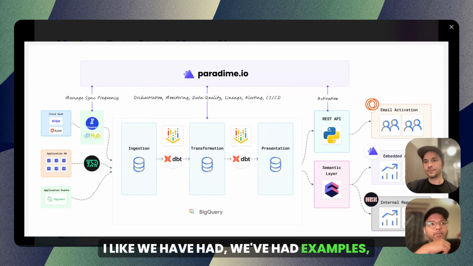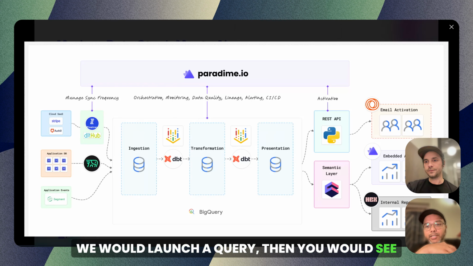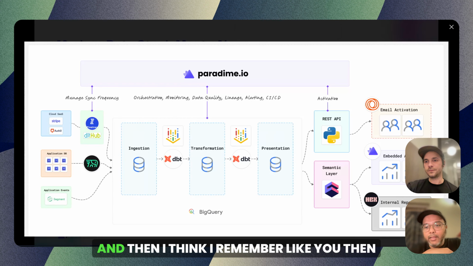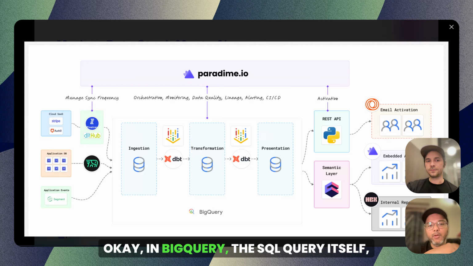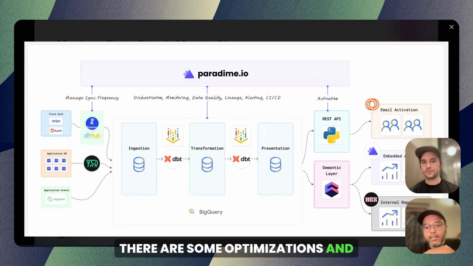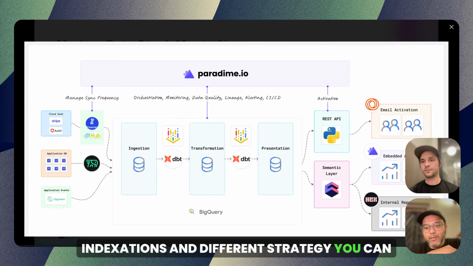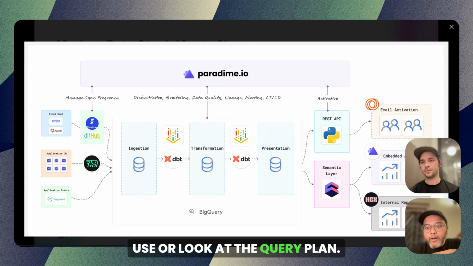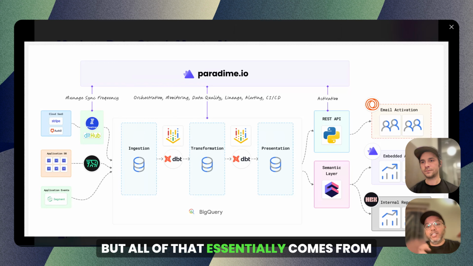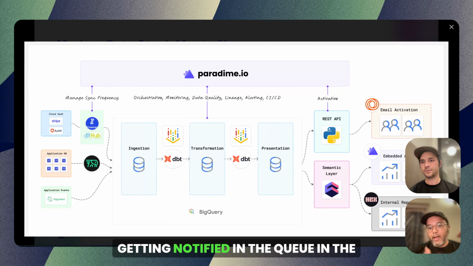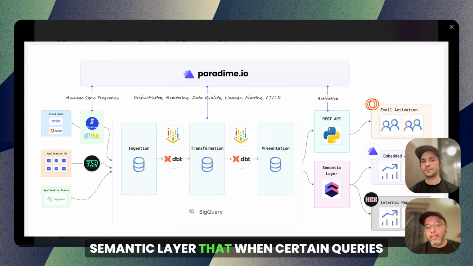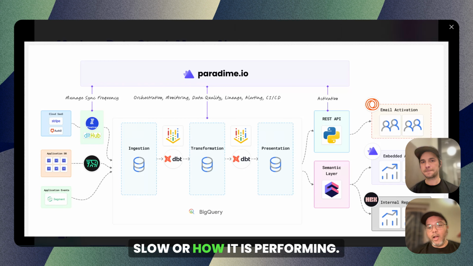We've had examples, right? We would launch a query, then you would see that the latency is a bit too high. And then I remember you explored the query and found that in BigQuery, in the SQL query itself, there are some optimizations and indexing and different strategies you can use, or you can look at the query plan. But all of that essentially comes from getting notified in the semantic layer that a certain query is slow or how it is performing.